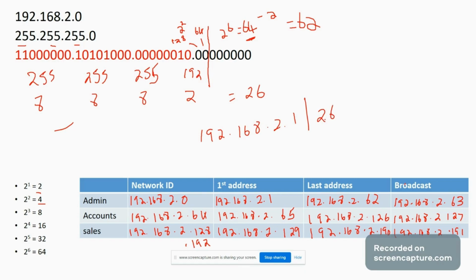So remember, the /26 is the slash notation indicating how many bits are used to identify the network portion. And then if you convert that back into decimal, that is where we get our 255.255.255.192.